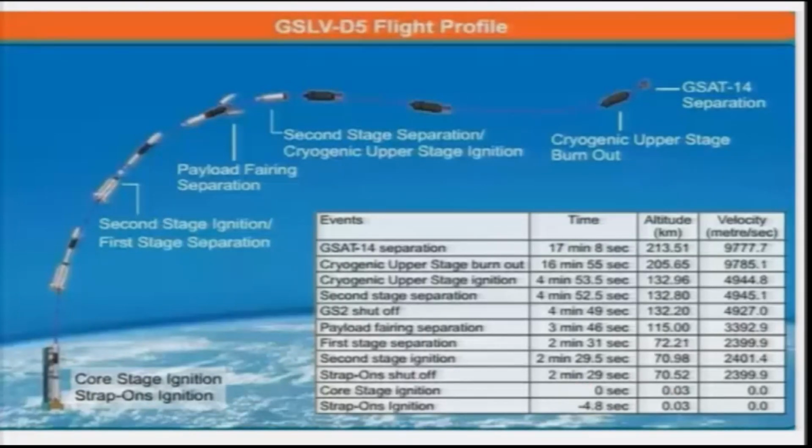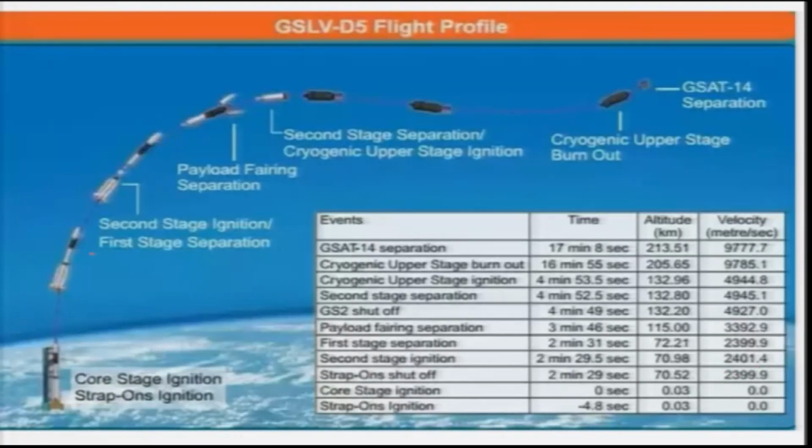The strap-ons will be separated out at around 2 minutes 29 seconds, at an altitude of 70 kilometers, by which it reaches a velocity of 2399.9, basically 2400 meters per second.